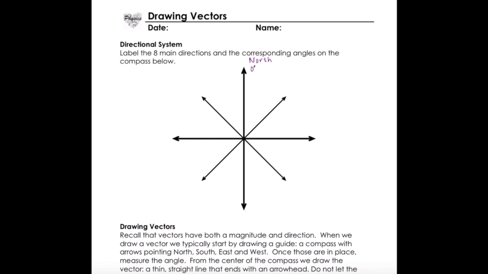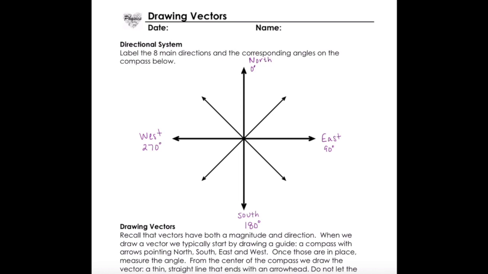Okay, then we have east, and this is at 90 degrees from north. Okay, and then we have south. This is at 180 degrees. And then we have west, which is at 270 degrees.